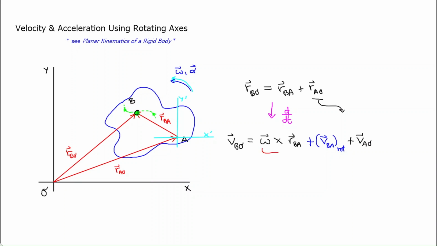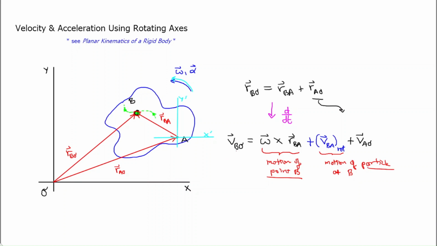Now omega cross R sub BA has to do with the motion of point B. Point B is like a landmark on this rigid body. Now velocity BA in this rotating frame has to do with the motion of a particle that just happens to be at B at this moment.